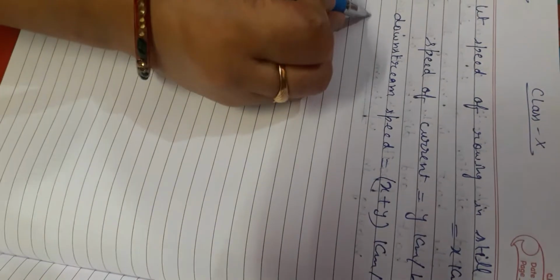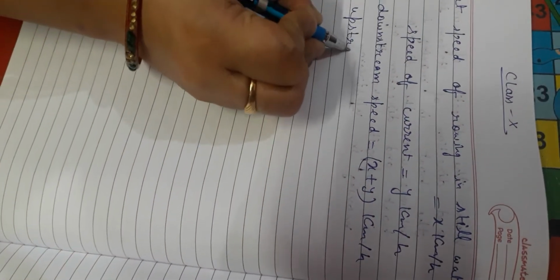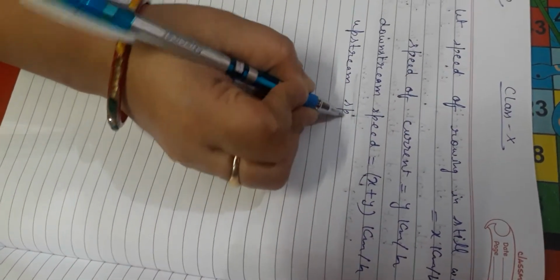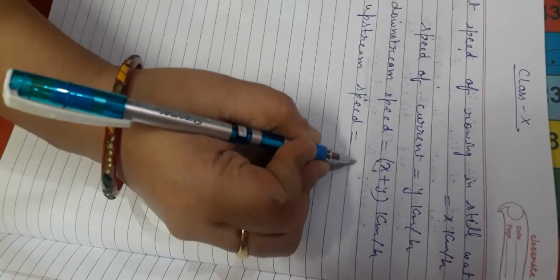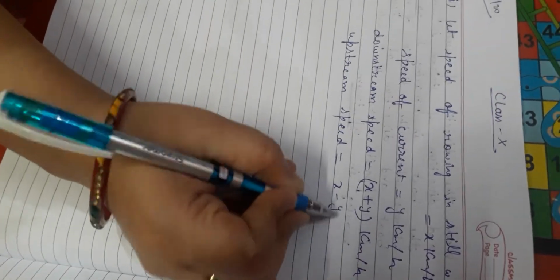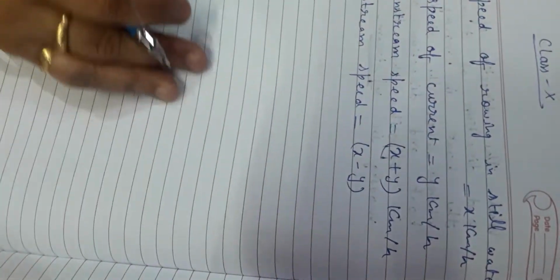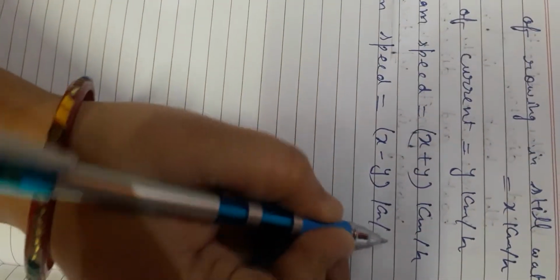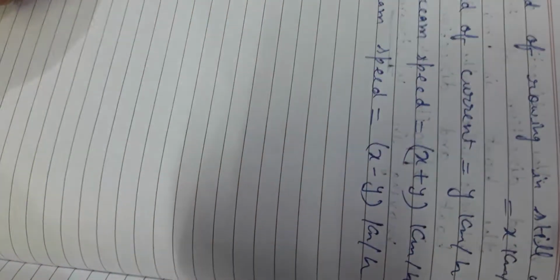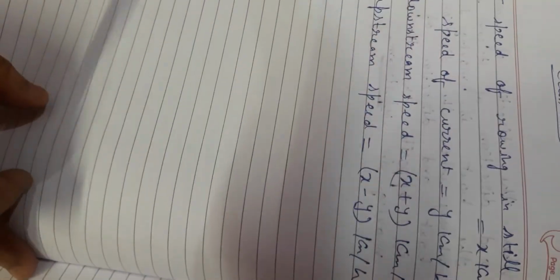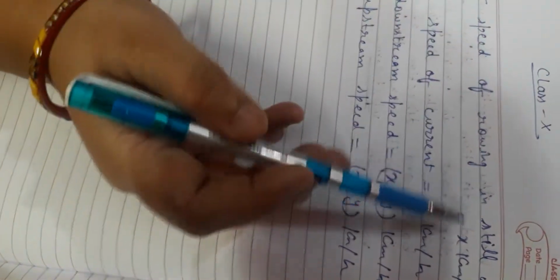Okay, now in upstream it is x minus y kilometer per hour, because in upstream the direction of the moving boat and the direction of the stream is opposite. That's why the speed of rowing in water and current will be subtracted.